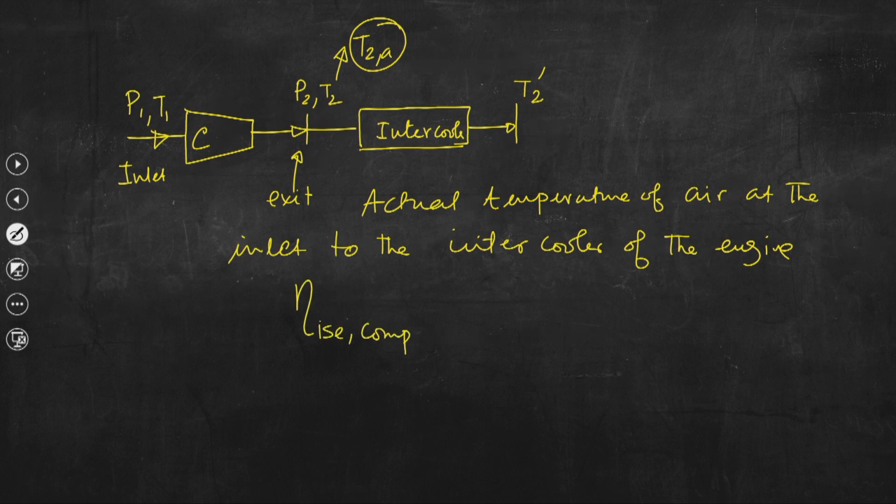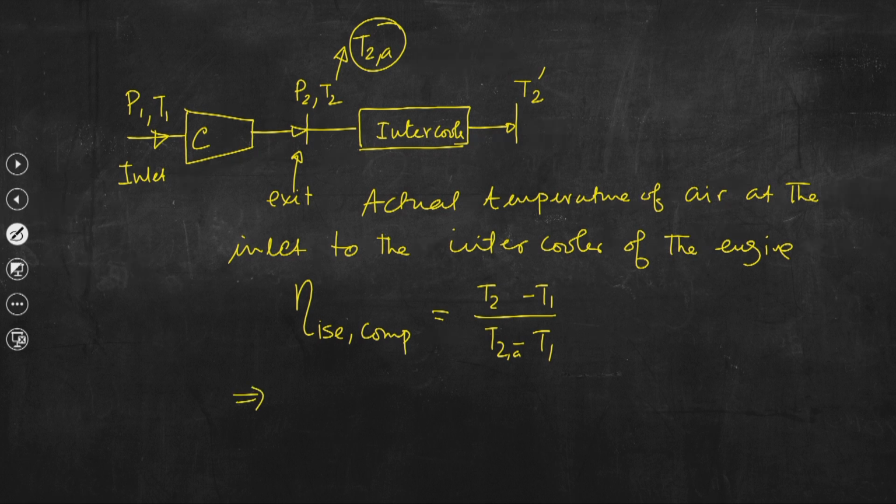of the compressor is nothing but T2 minus T1 over the actual rise, right.